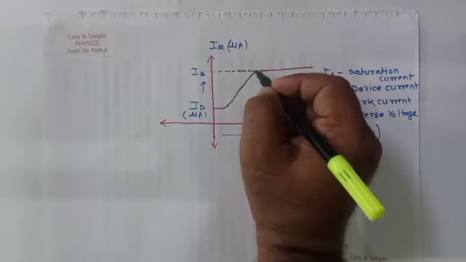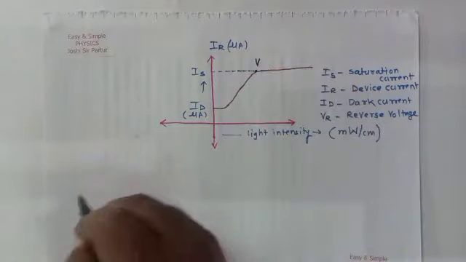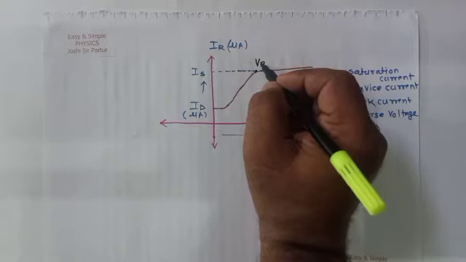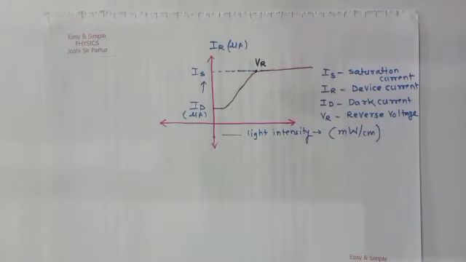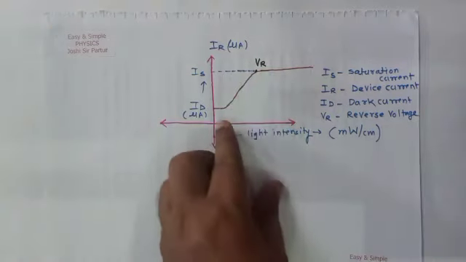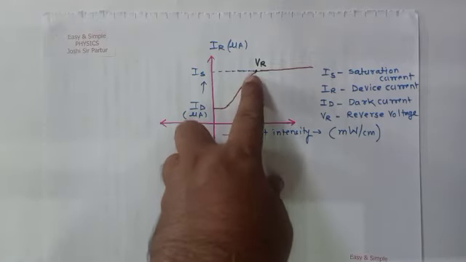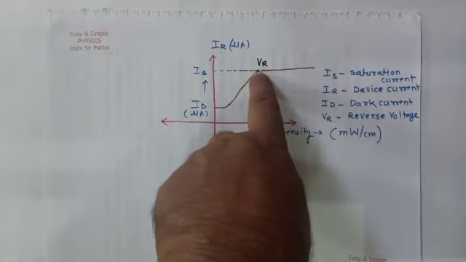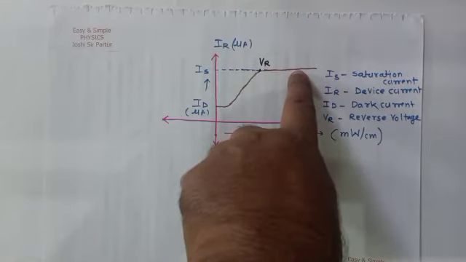This voltage is said to be the reverse voltage, VR, the point at which reverse current becomes constant.